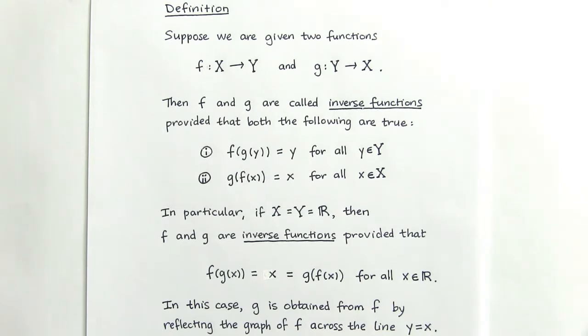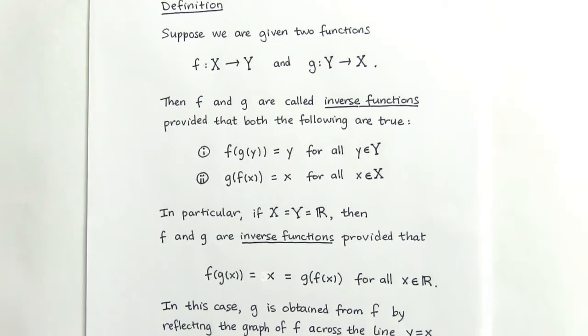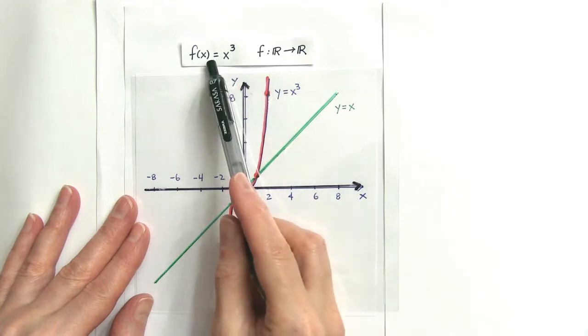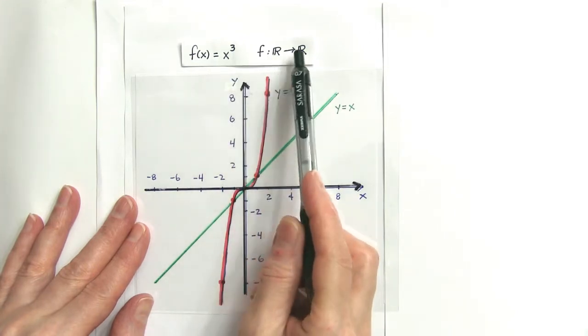Let's look at a couple of familiar examples. For example, let's again consider the function x cubed, which maps the real numbers into the reals.